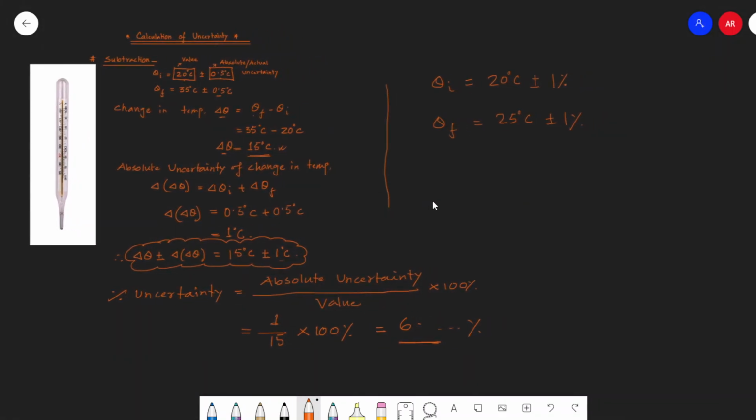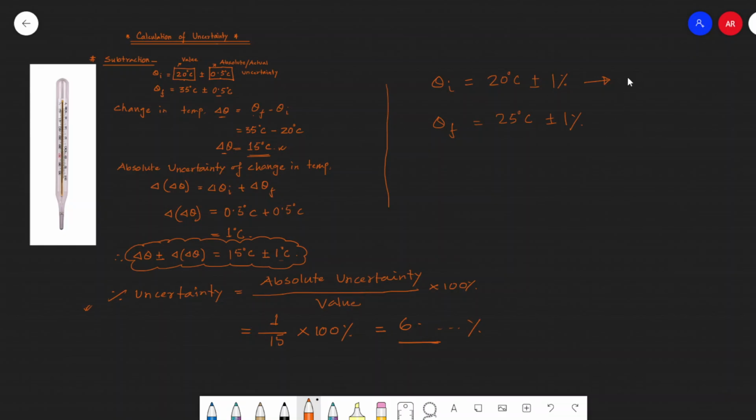So just the way we did for the addition, here from this value we have to find out the absolute uncertainty. 1% is its percentage uncertainty. So make use of this equation. The percentage uncertainty is absolute uncertainty by value.